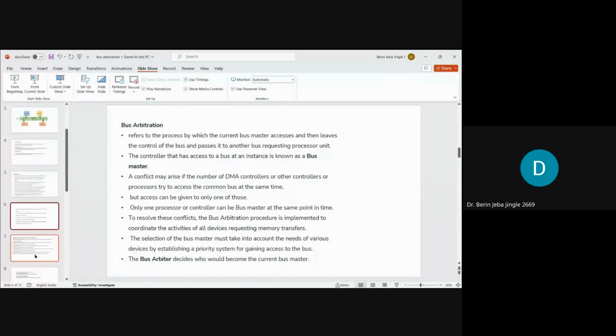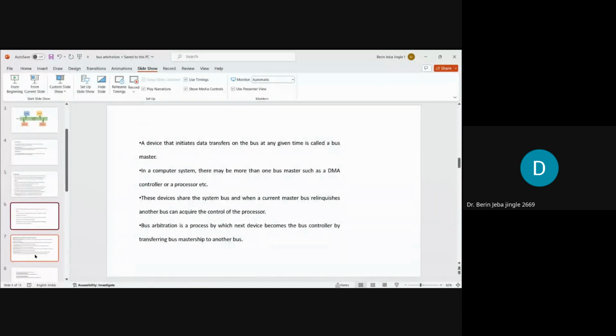Here, a device that initiates the data transfer is considered a bus master. The bus master can be a DMA controller or the processor. These devices share the system bus, and the bus master decides which device uses the system bus.